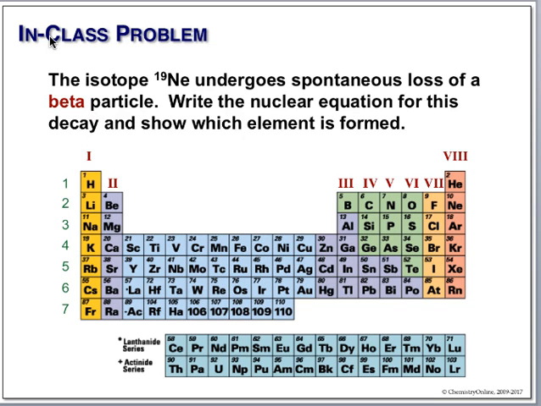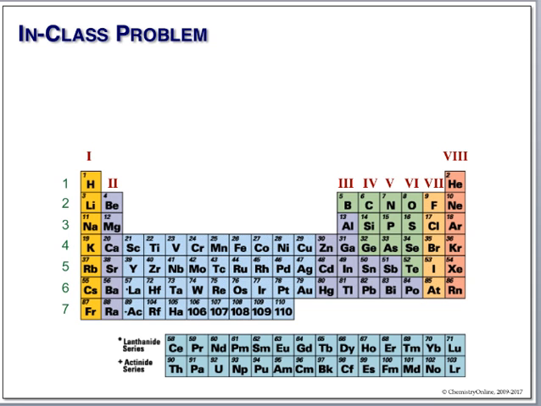Let's do one more. It's not just the stuff down here that can be radioactive. This is neon 19. It loses the beta particle. Go ahead and write the equation for me. Once again, we know it's going to lose a beta particle: 0 mass, -1 atomic number.